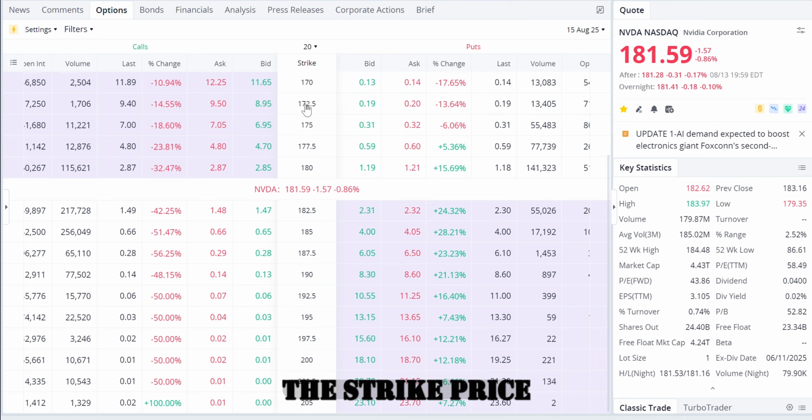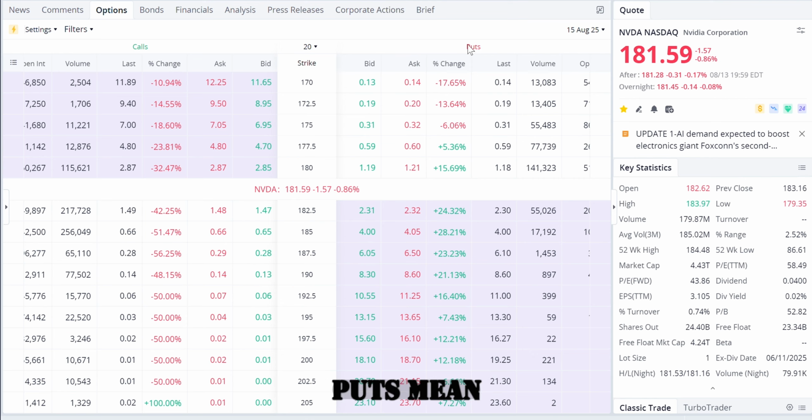The strike price represents the price that you are speculating NVIDIA will go. As you see, all of these prices. Now to the right side of that row, you have puts.